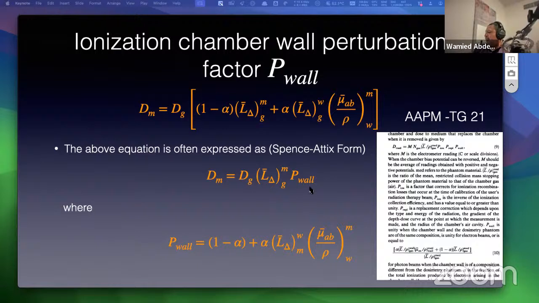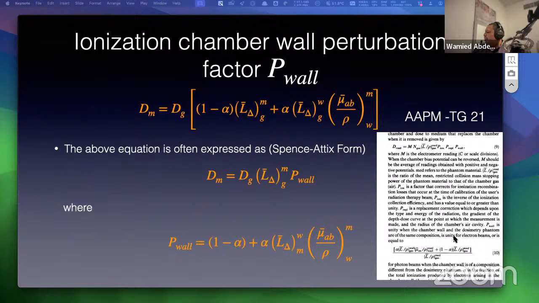Okay? So I've just taken part of the TG21, because this is ultimately what we're going to be looking at next time, inshallah. But anyway, the dose equation is given by a restricted collision stopping power ratio of medium to gas, the Spencer-Attix cavity here, multiplied by a P1.